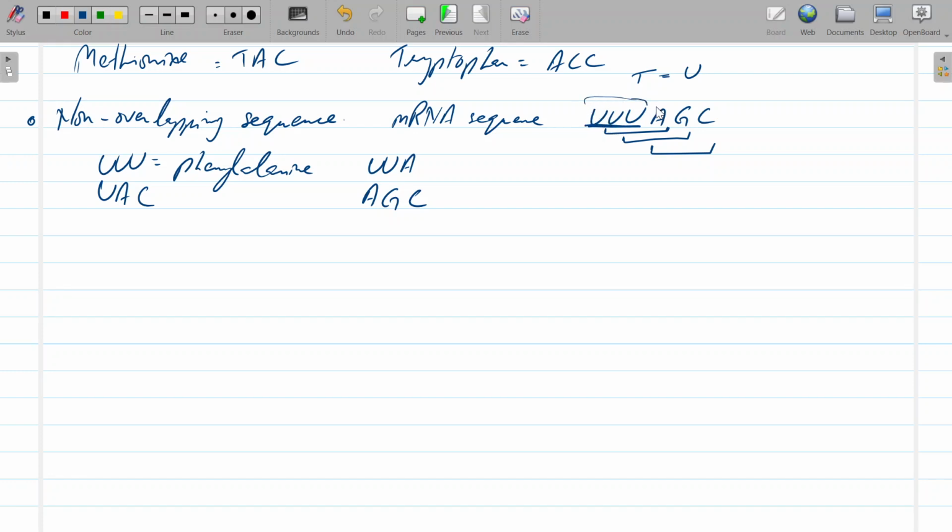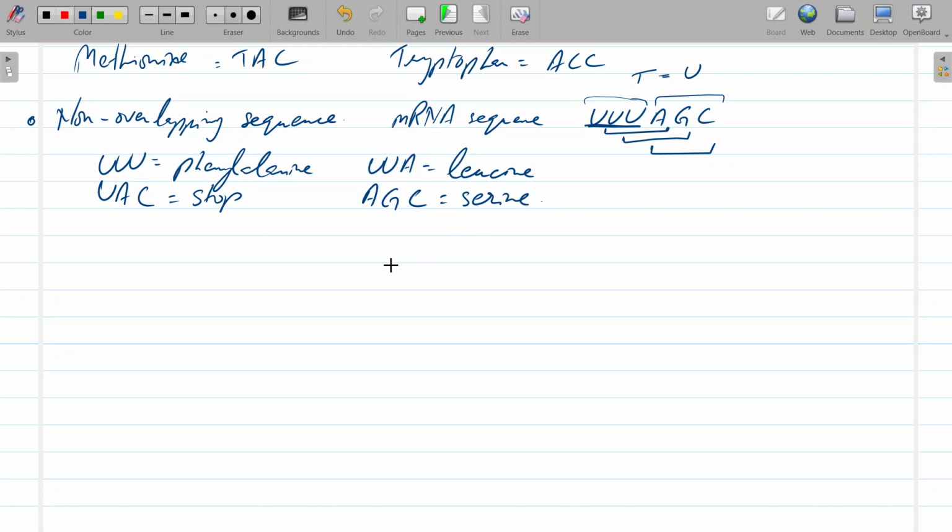Now this is a theory. In the mRNA, this would be leucine, UAG is something called a stop codon, and then AGC is serine.